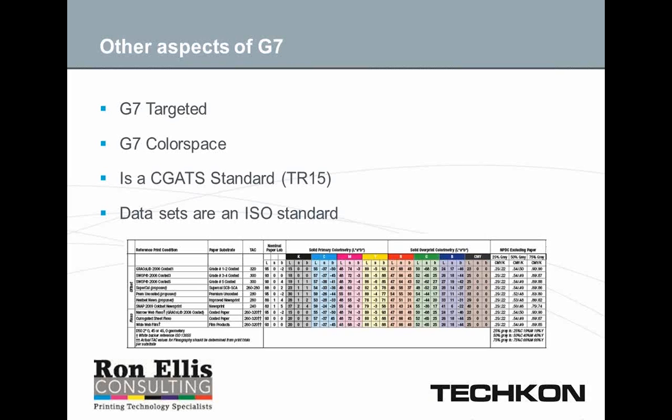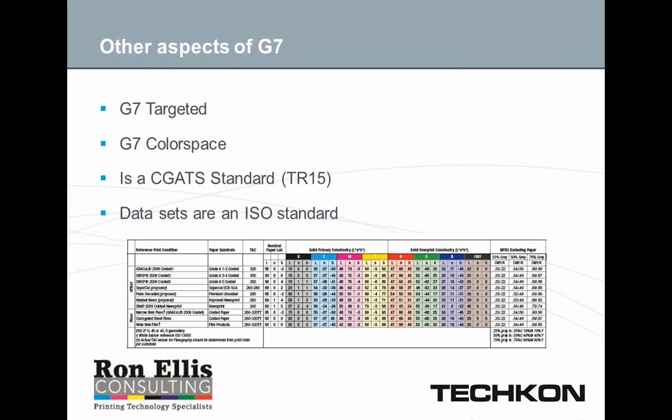And then other things about G7 is that it is a CGATS standard, so it's actually a national standard in the U.S. and internationally recognized. So CGATS TR 015, which was developed by Idealliance and CGATS, is a standard that can be downloaded, and it actually describes all the math behind G7.